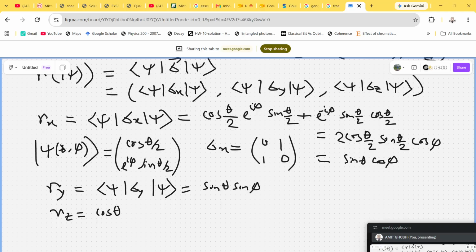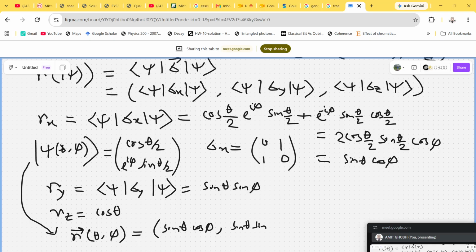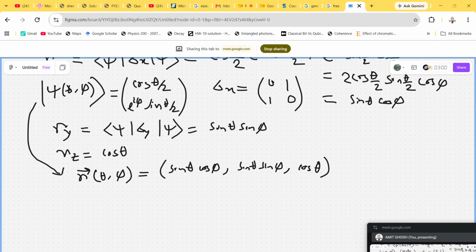Okay, so for a general psi state, your general Bloch vector r(theta, phi) is given by sin theta cos phi, sin theta sin phi and cos theta, right? So this is your general Bloch vector.